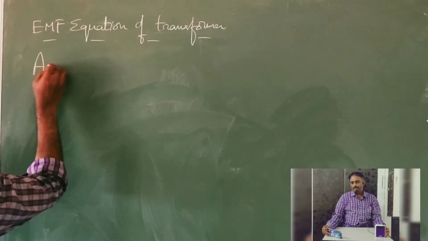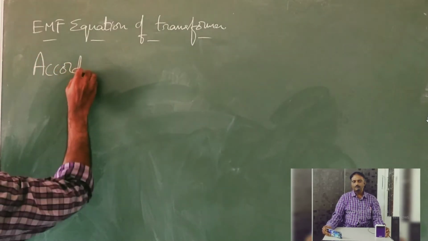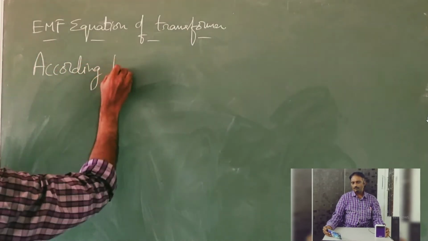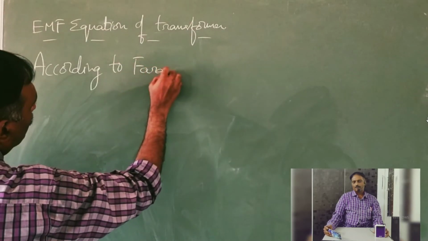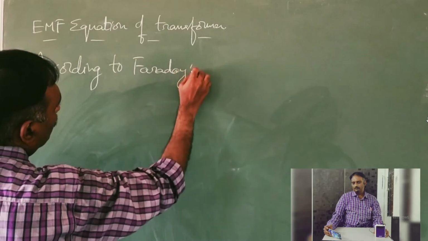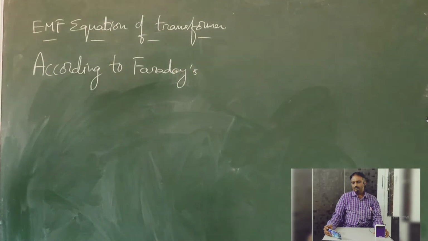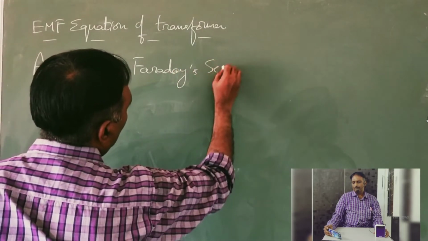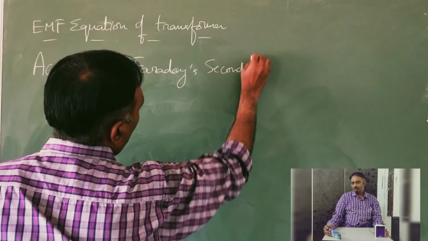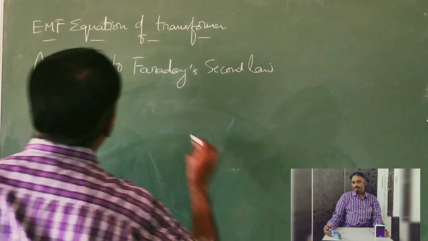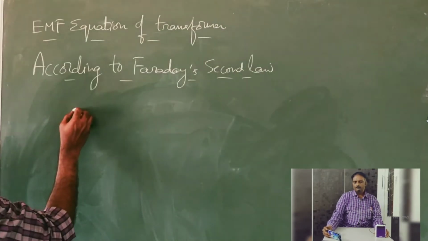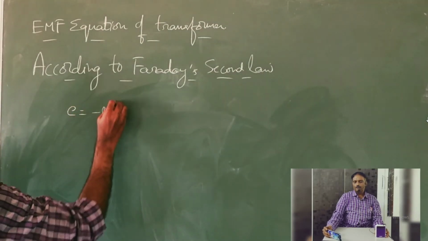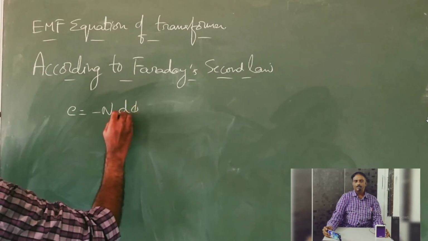According to Faraday's second law, I am writing down the equation once again. E is equal to minus N into d phi by dt.